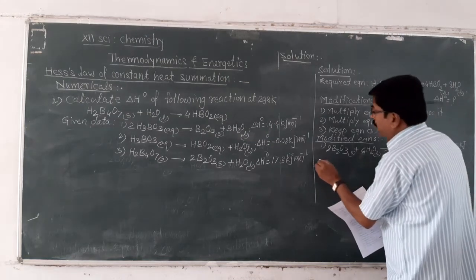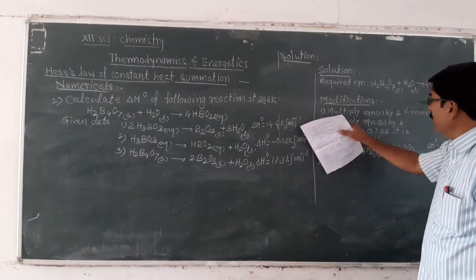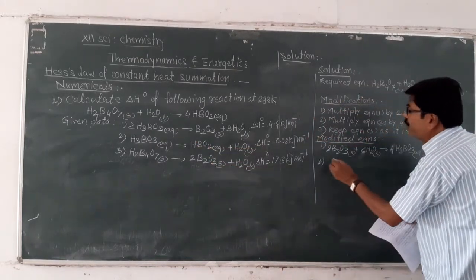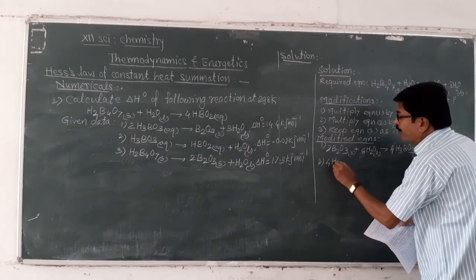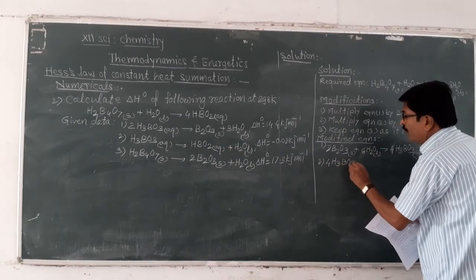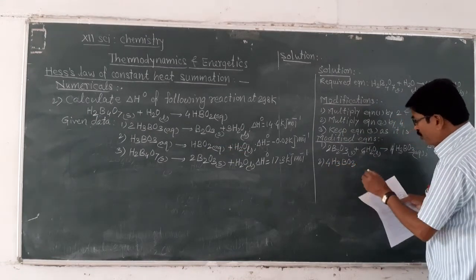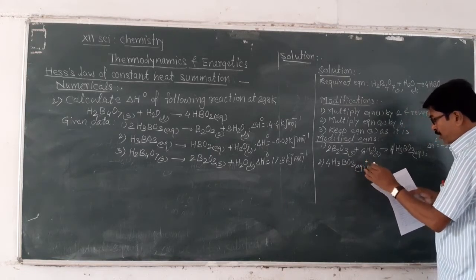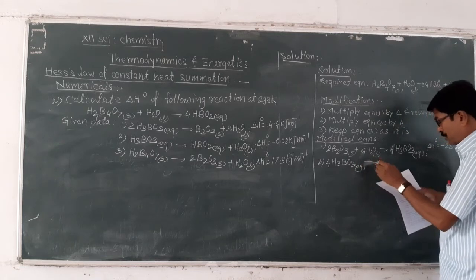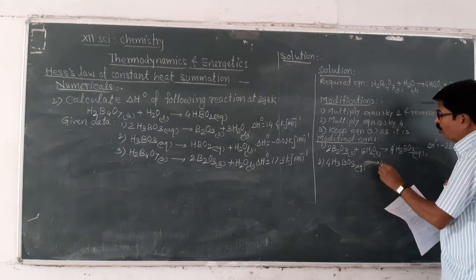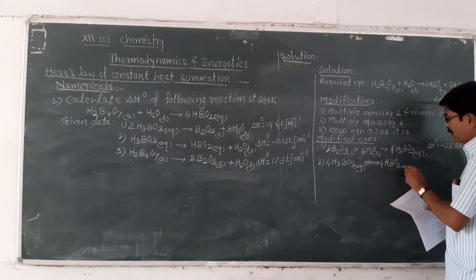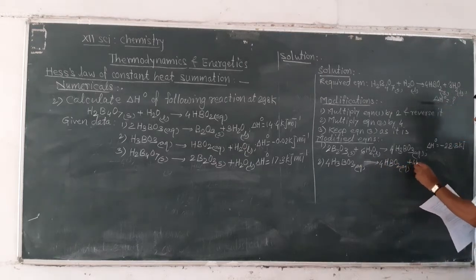Now in the second, you have to multiply the second equation by 4. That means 4H3BO3 aqueous gives 4HBO2 aqueous plus 4H2O liquid.